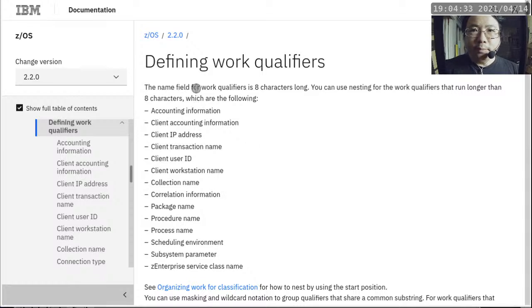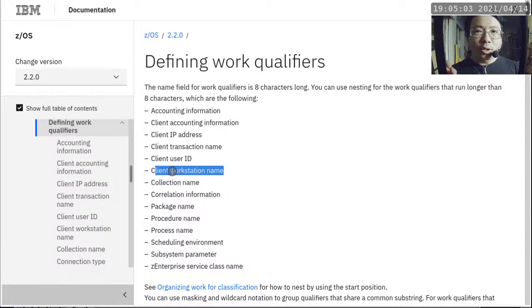Alright, so the name field for work qualifier is 8 characters long. Well, most things are only 8 characters long in z/OS. So those 8 characters can designate where we're looking, and we can look up accounting information, client accounting information, client IP address, client transaction name, client username, client workstation name, and so on.